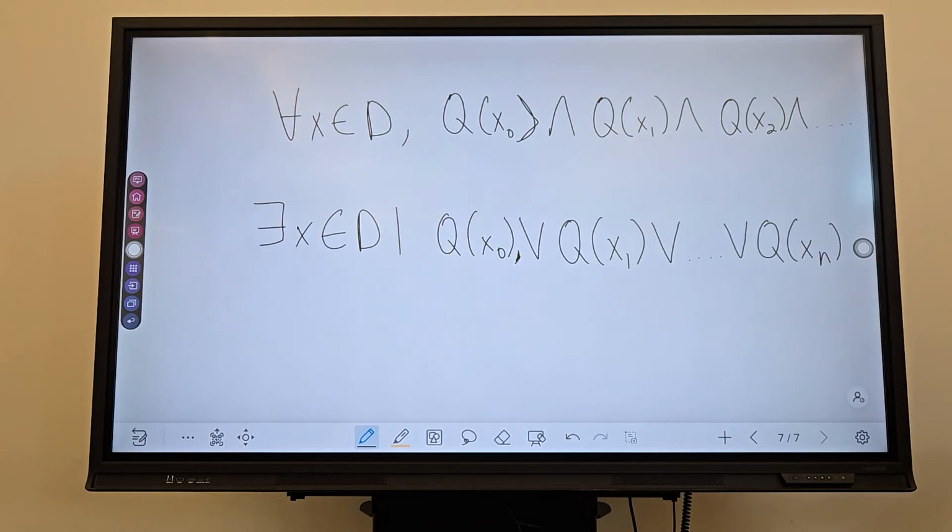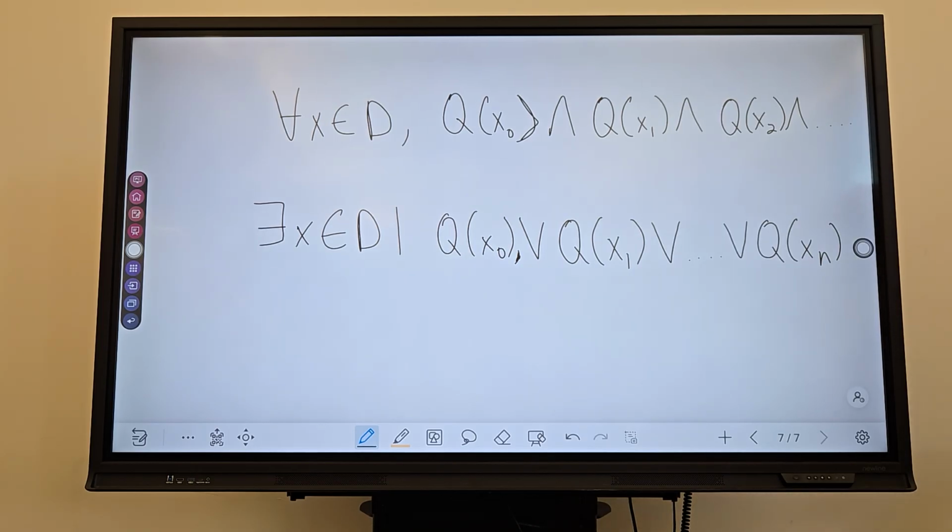There exists an element of D such that Q of x1 is true, or Q of x2 is true, or Q of xn is true. There exists at least one of them is true. That would be a sequence of or statements.